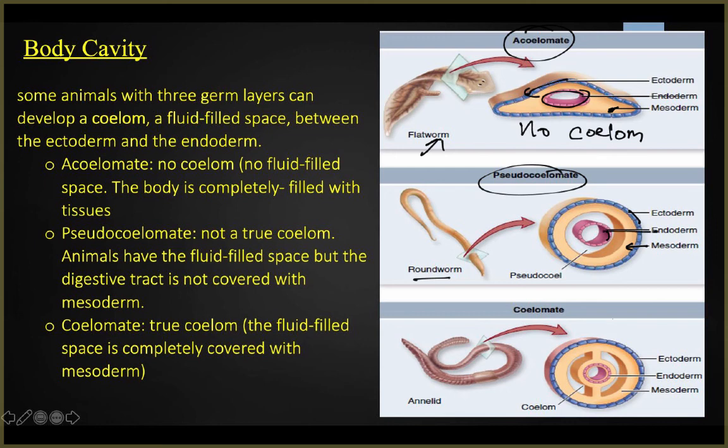So it's called a pseudocoelomate. An actual coelomate, which is here, an annelid, you'll see the endoderm here and the ectoderm, and then you have the mesoderm, and you actually have that layer of mesoderm covering the coelom all around. Here, it's only on one side. That's why it's pseudo.